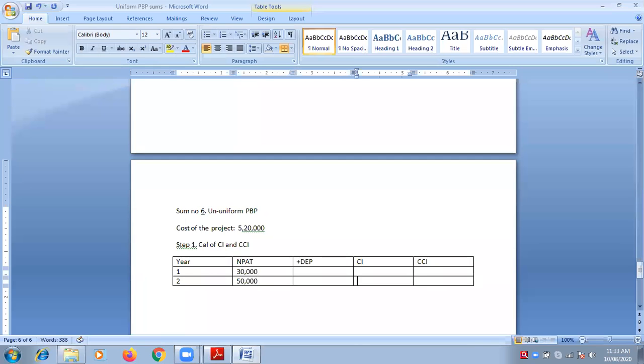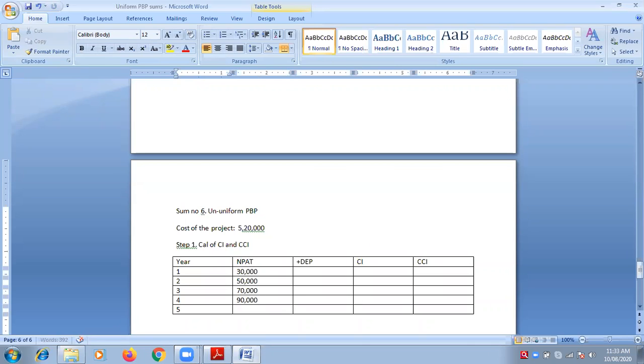This is already given, I'm just copying and pasting it. Third is 70. Fourth is 90. And fifth is 1,10,000 rupees. Is it clear? I have just copy pasted.